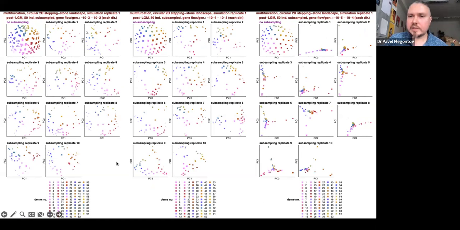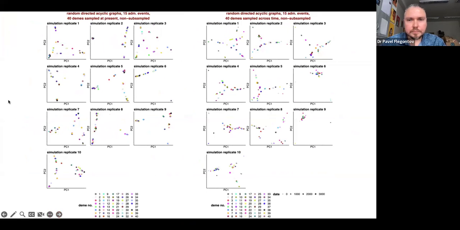If you take only one sampling epoch, we see the same effect. In the case of the sparsest landscape, the PCA is no longer representative of the original landscape, while in the case of the densest landscape, it's more or less representative of the original landscape. And again, we saw this pattern before, and this triangular ray-like pattern is typical for PCAs on trees, on random trees or random admixture graphs.